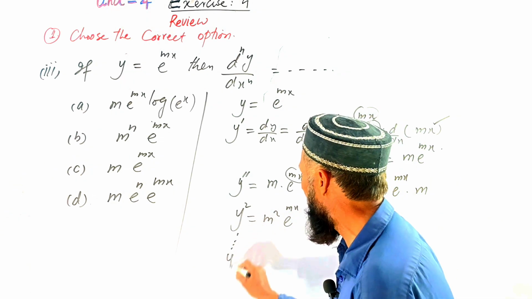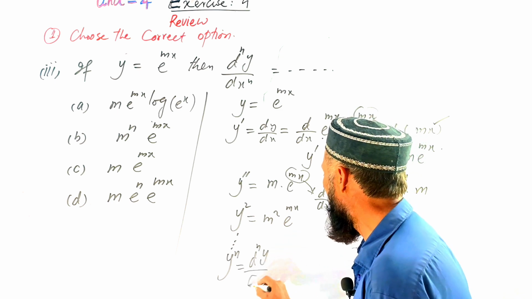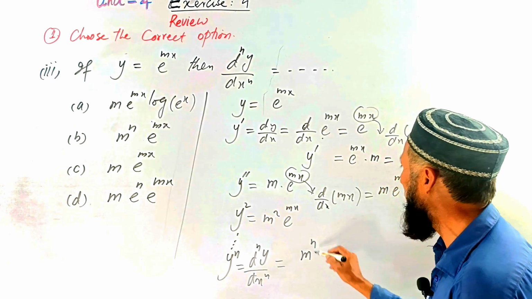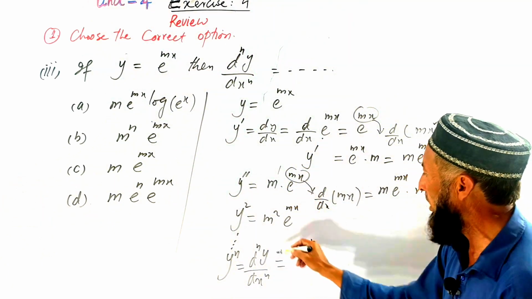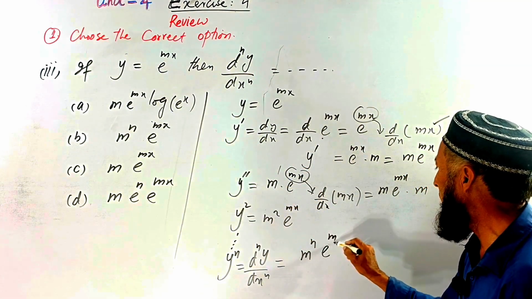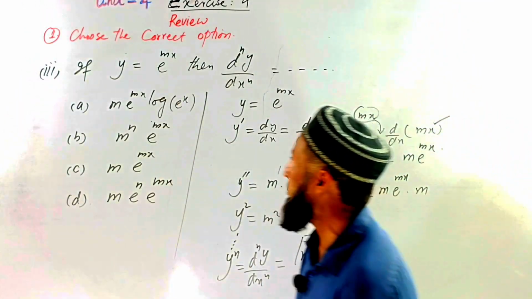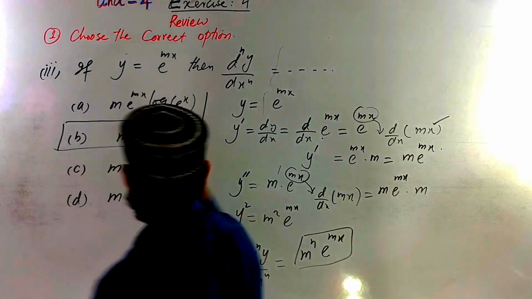If we continue the process n times, d power n y by dx power n is equal to m power n e power mx, where the power increases step by step 1, 2, 3 and so on. So the nth time derivative is m power n e power mx, so option B is the correct option.